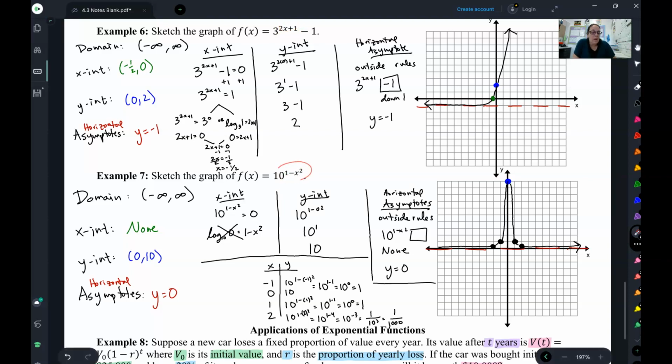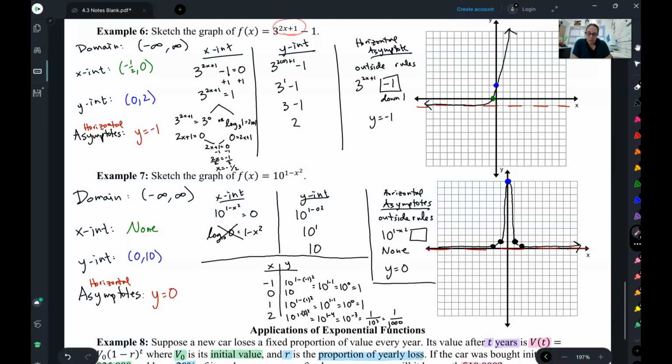Well, what does the graph of x squared look like? Specifically, negative x squared. Negative x squared is a downward facing parabola, sort of like this. So this graph is a combination of the downward facing parabola and the exponential. That's why it looks so weird.